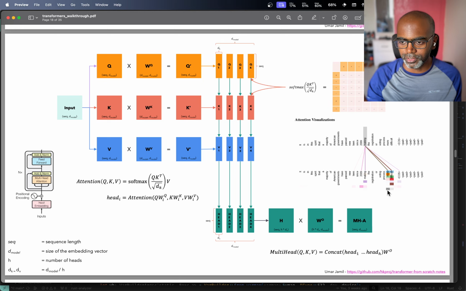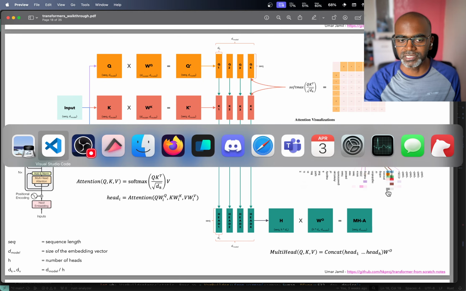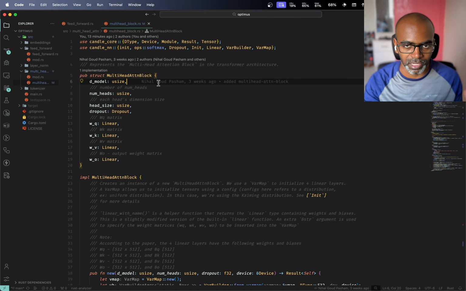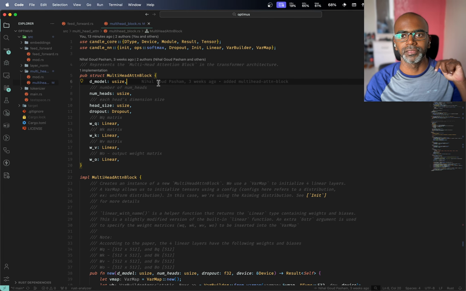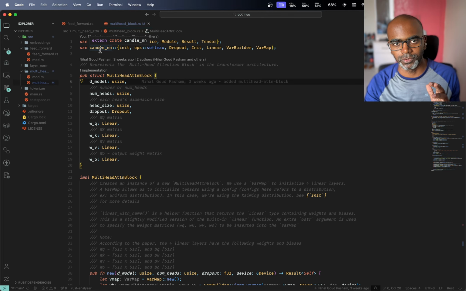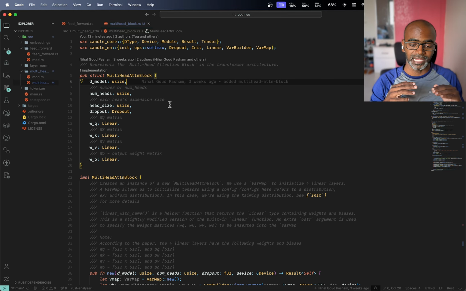All right, so without getting into too much detail about the actual paper itself, let's look at the implementation specifics. In the implementation, what are we saying? We'll basically start out by saying multi-head attention is our block, as we've done in the previous streams. And then Candle has the Candle framework. I am still debating this. I'm not too sure whether Candle's going to stick with it, but Candle's actually subdivided into individual other crates.